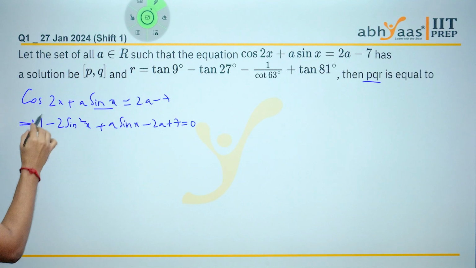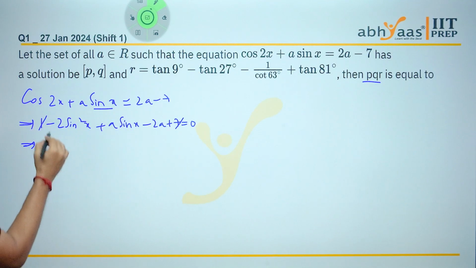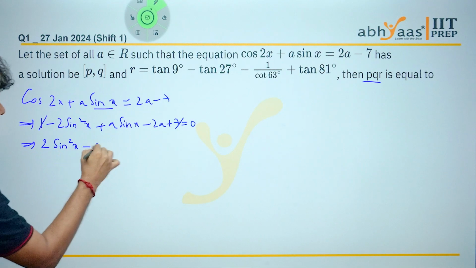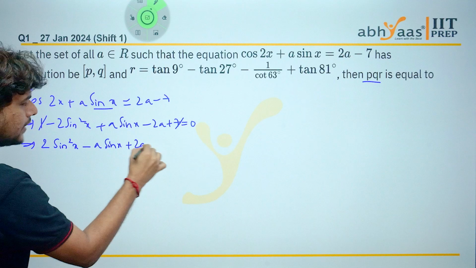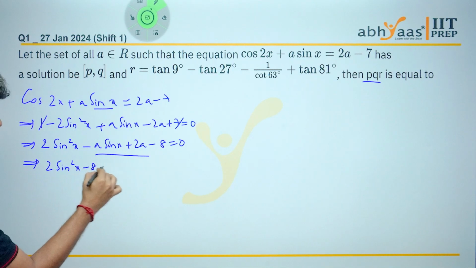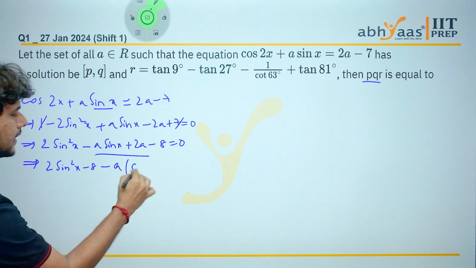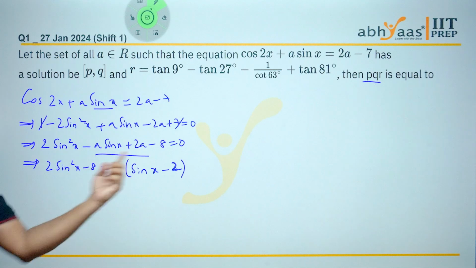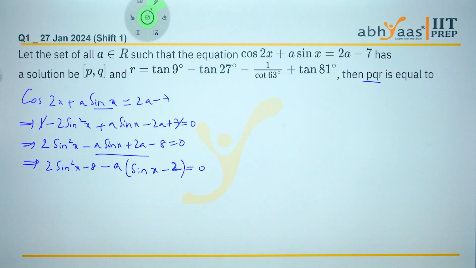I am taking the minus away, so that will be 2 sin square x minus a sin x plus 2a minus 8 equal to 0. If we take 2 sin square x minus 8 at one place and take a common, sin x minus 2 equal to 0. Ultimately we have to find the a value, so that's why we are taking the sine terms to the other side.